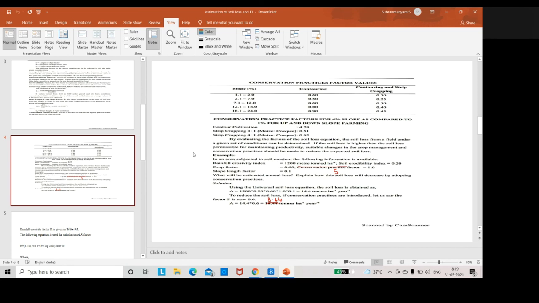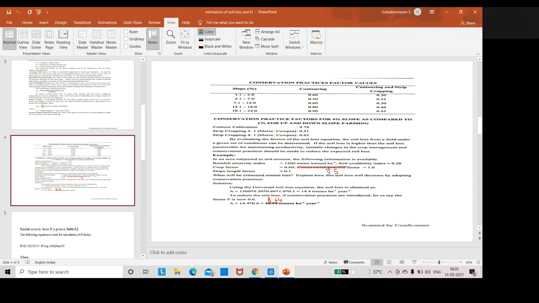In this, see the example. All values are given. The rainfall erodibility index R is equal to 1200 metric tons per hectare. Soil erodibility index K is 0.2. Crop management factor C is 0.60.